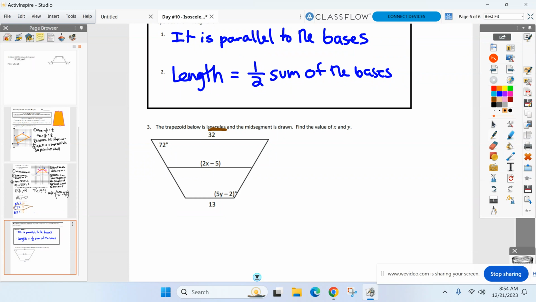Wait, no, we have to divide by 2. 22.5. So x is 13.75.